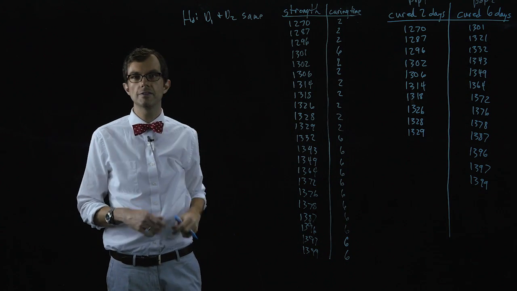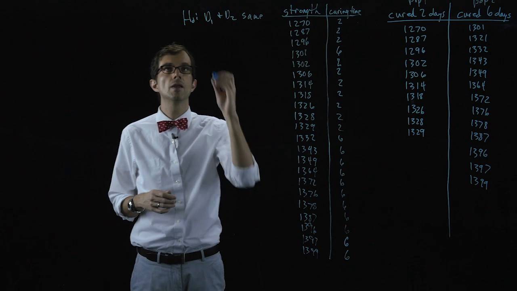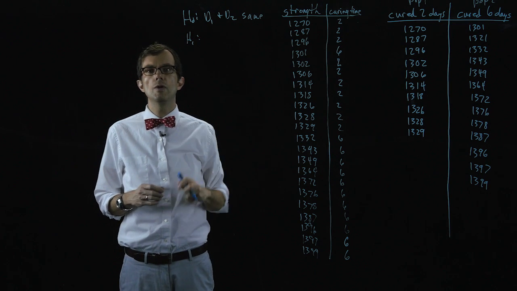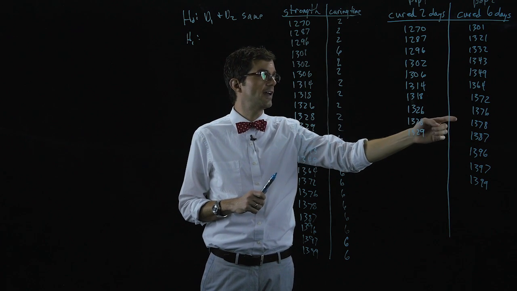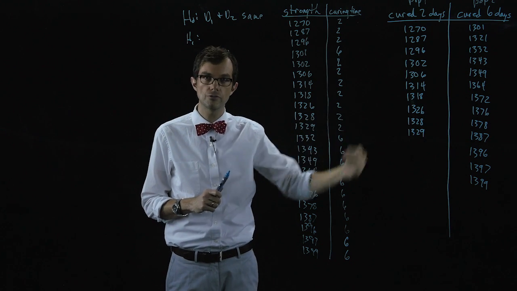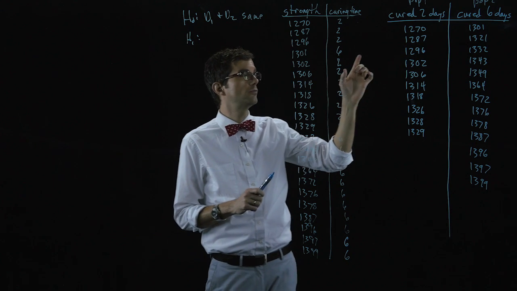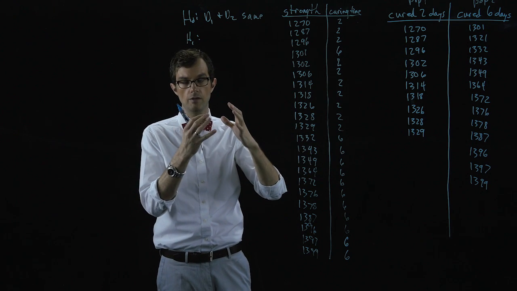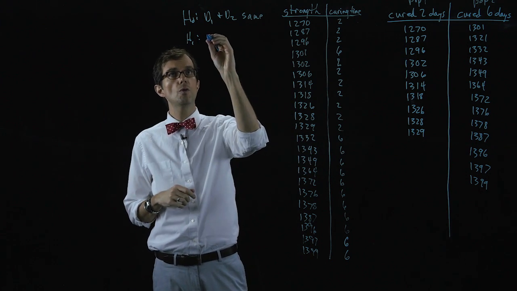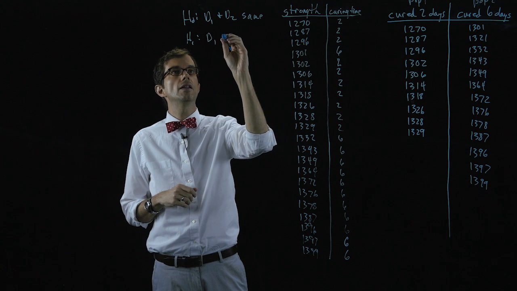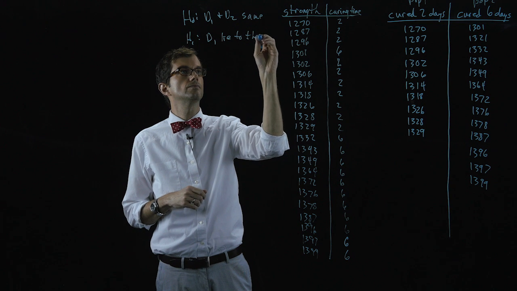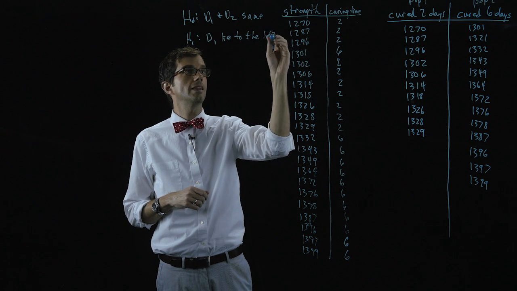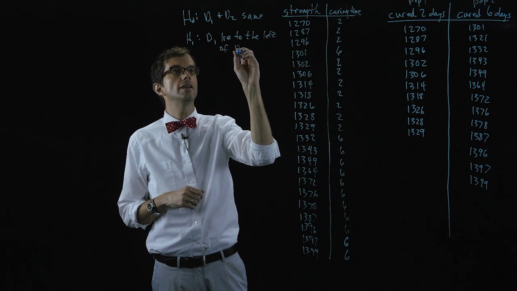So the null hypothesis is that they're both the same, and we want to know if the curing time for 6 days leads to a longer strength. Okay, so we always refer to this in terms of population 1. So we want to know, does D1 lie to the left of D2?